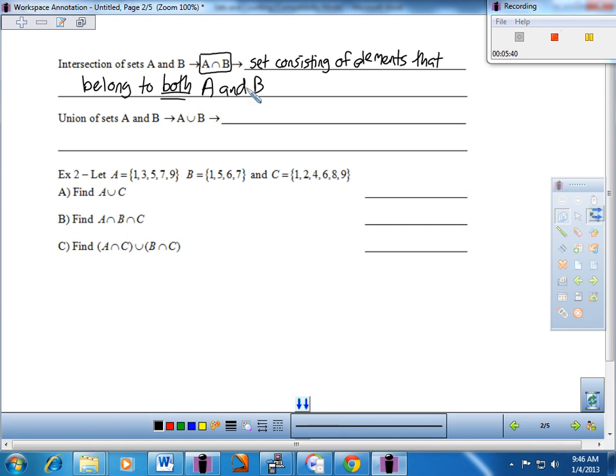Now for union, it's a little different. Notice the notation, please. So differing notation here for union as opposed to intersection. And then let's start our definition out the same way. If everyone can do this with me, that would be great.